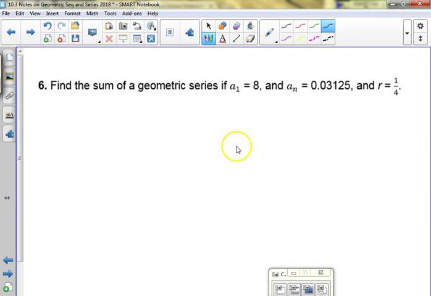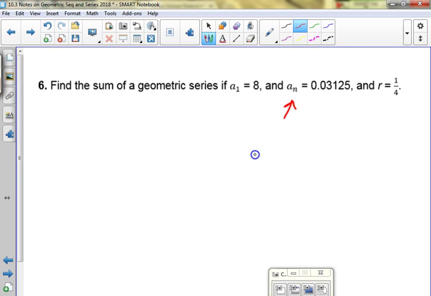All right, find the sum of the geometric series if. Okay, what's wrong? Okay, how are we going to figure out if this was an arithmetic sequence? We'd be in good shape because you need the first and last term, right?